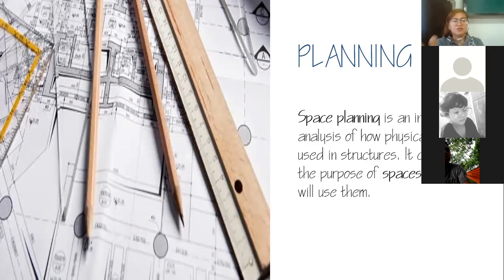So you should identify what areas are involved in living and dining. The dining and kitchen should be adjacent to each other. So that's also one consideration in planning.